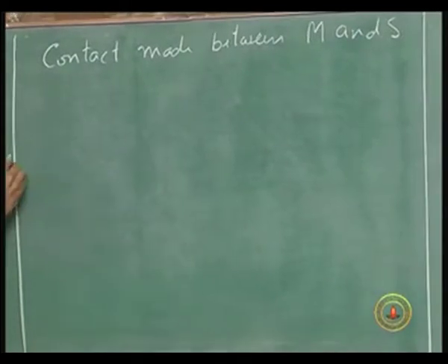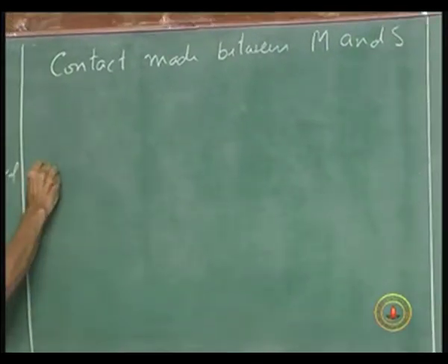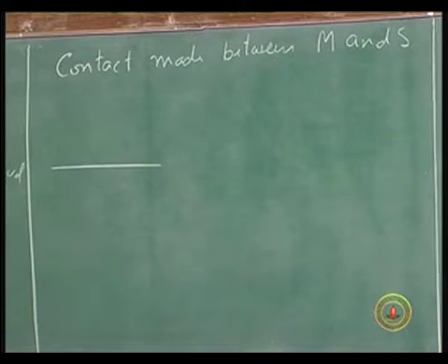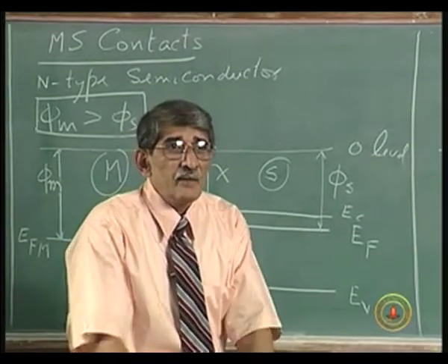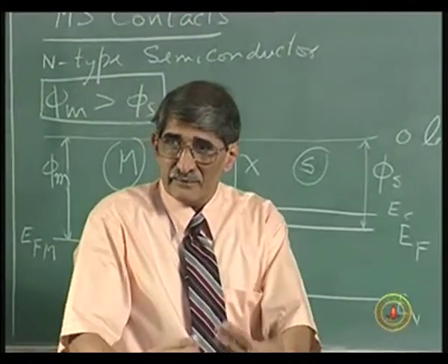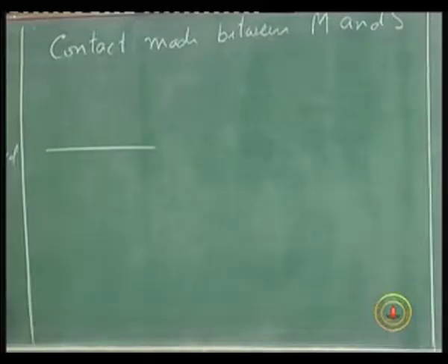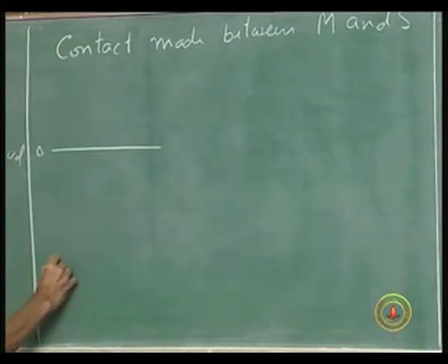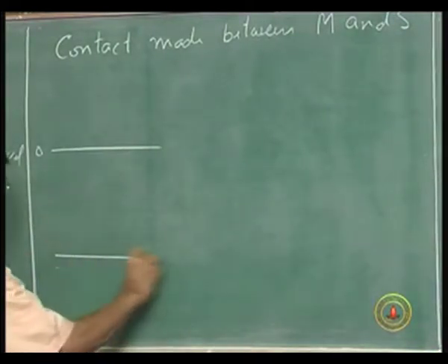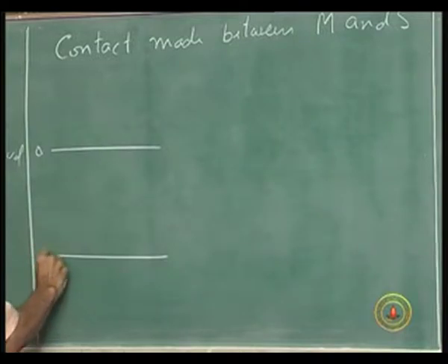So, on the left hand side, I will draw this position corresponding to the same 0 level. I am not changing anything on the left hand side, and nothing happens there, because the electrons that you put are small in number. So, that is the 0 level, and this position also is the same thing, EF.